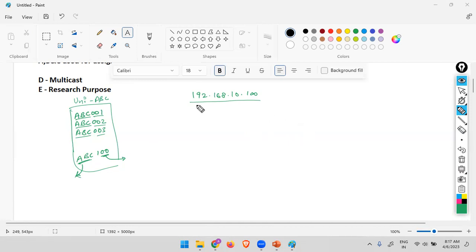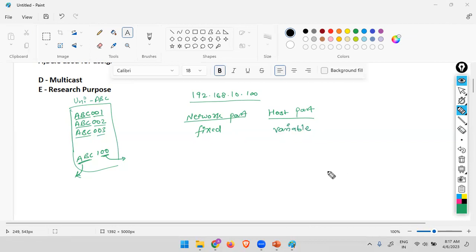First of all, those two parts are known as the network part and the host part. The network part is the fixed or constant part, and this is the variable part.